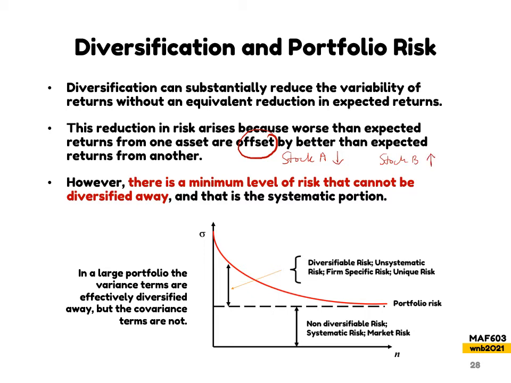However, a decrease in price for stock A can be offset by an increase in price for stock B. So this is how diversification works. However, there is a minimum level of risk that cannot be diversified away, and that is the systematic portion.